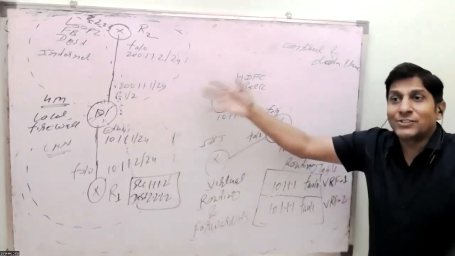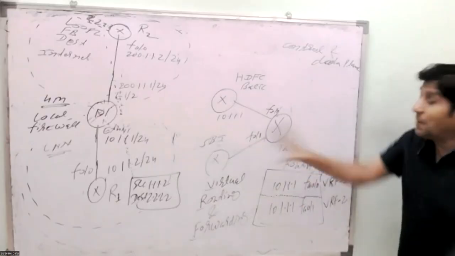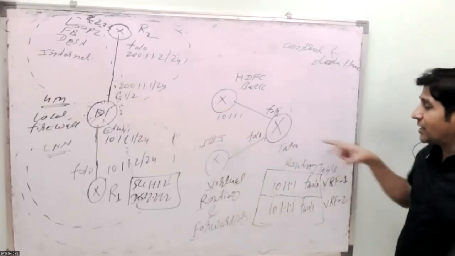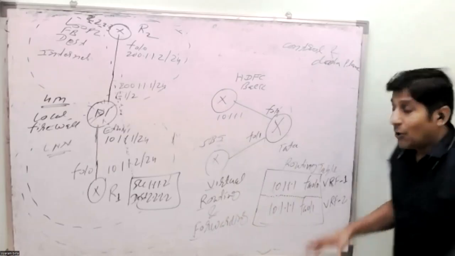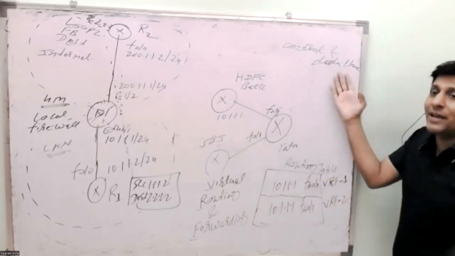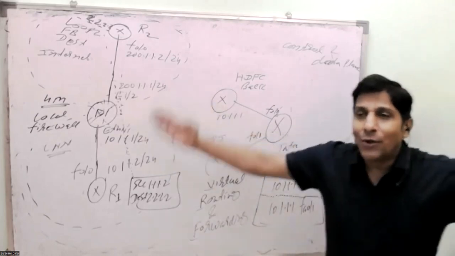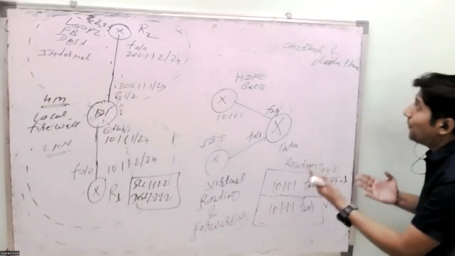And the second part, whatever data goes for the SDFC, the SBI person cannot see. And whatever data goes for the SBI, SDFC will not see. So we are dividing the data plane as well as the control plane.